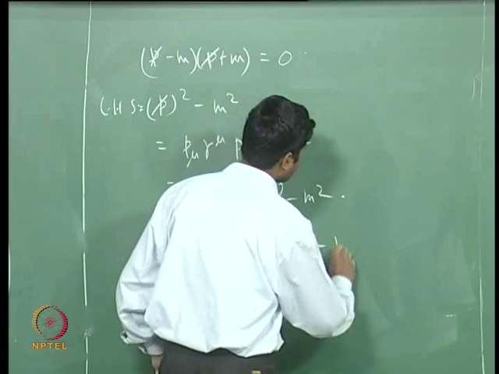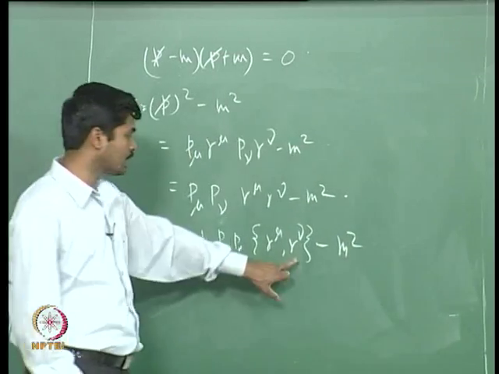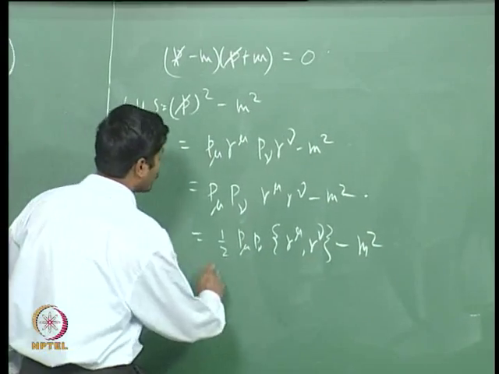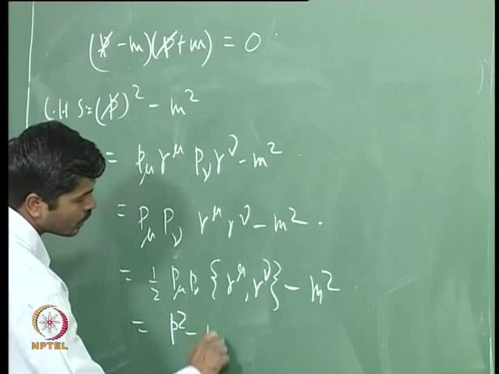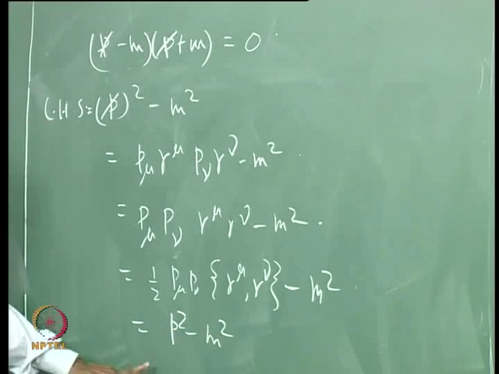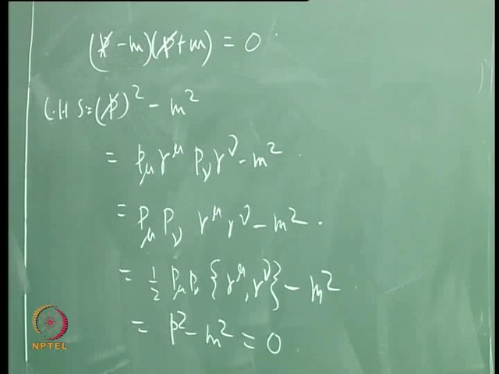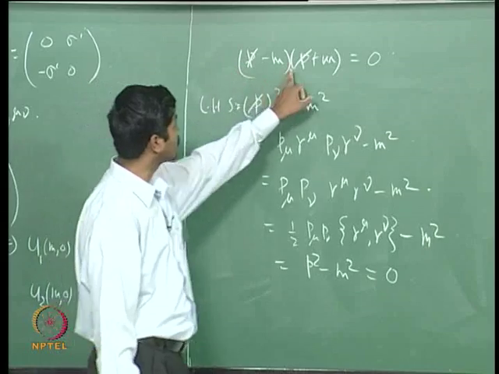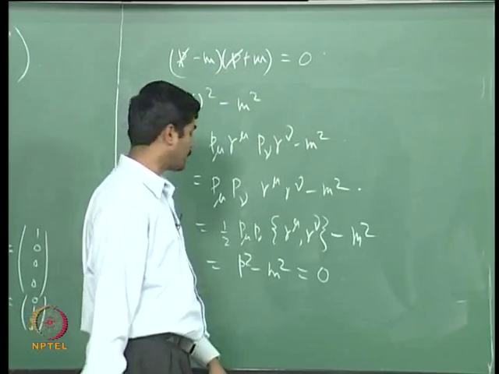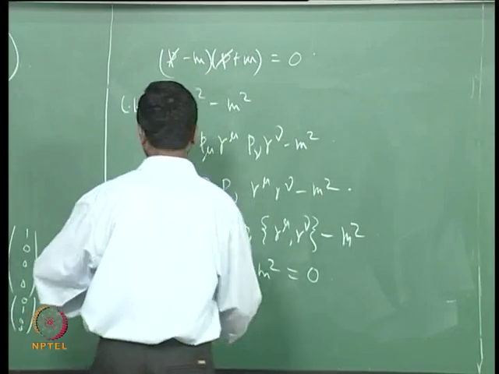So, this is minus m square, but this is nothing but twice eta mu nu. So, this is p square minus m square, and p square is m square, therefore, p square minus m square equal to 0, and hence p slash minus m times p slash plus m equal to 0.